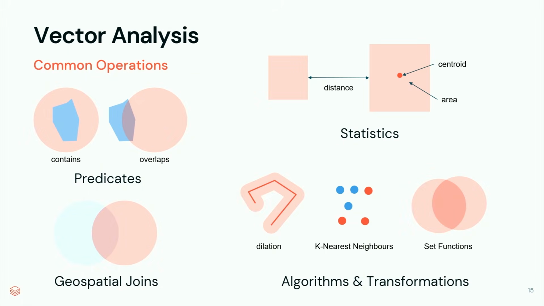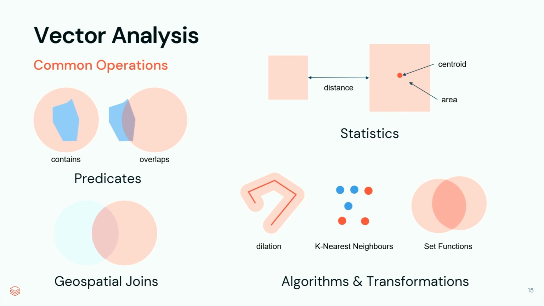So again, the common operations you want to do there are things like aggregation or statistics, or looking at set functions over different polygons. One example: if you've got all the polygons for all of the fields within a farm, you might want to join those together to have a representation of all the different farms within a given area. All of these things have broad support in all of the libraries that we mentioned earlier.